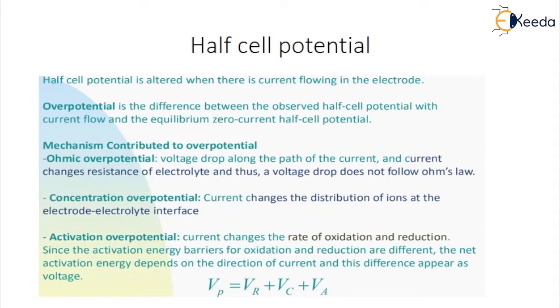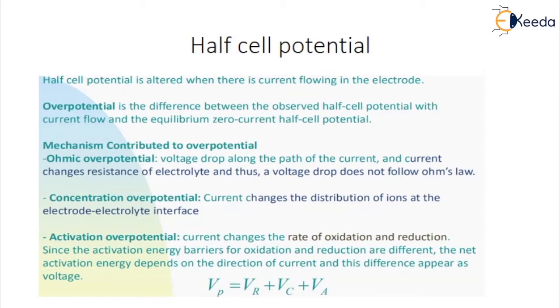Overpotential is the difference between the observed half cell potential with the current flow and the equilibrium zero current half cell potential. Mechanisms contributing to overpotential. Ohmic overpotential: voltage drop along the path of the current, and current changes the resistance of the electrolyte, and thus the voltage drop does not follow Ohm's law.